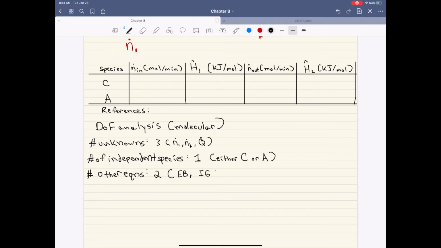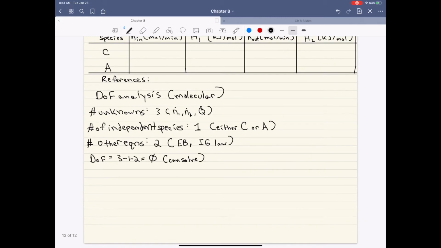So IG law. Okay? And so in our degrees of freedom, what we have is 3 minus 1 minus 2, which means it's 0. And so we can solve this problem. Okay? All right. Let's now move on to the material balance.